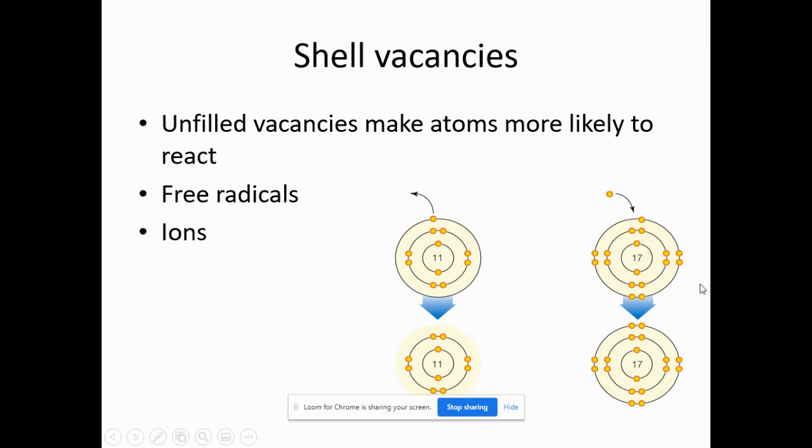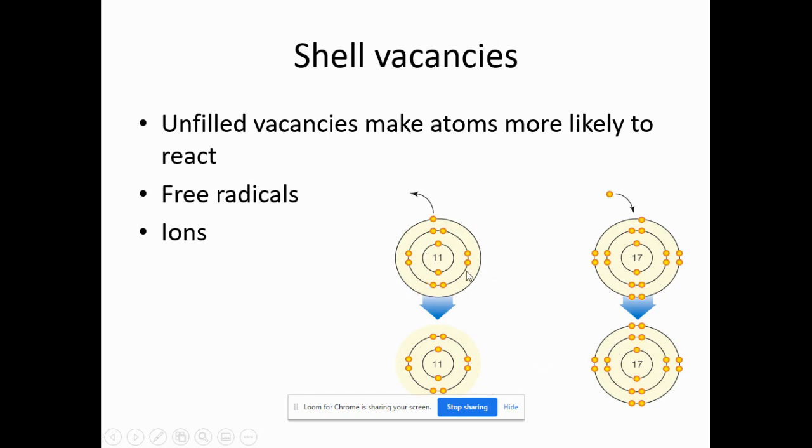And in the outermost shell, it just needs one more electron in order to complete that outer shell. And so it really wants to accept an electron. All right, so you see the difference here. This atom wants to donate this electron so it can have a complete outermost shell, and this atom wants to accept an electron to complete its outermost shell.